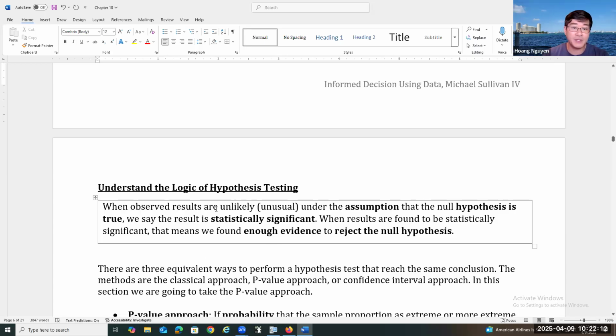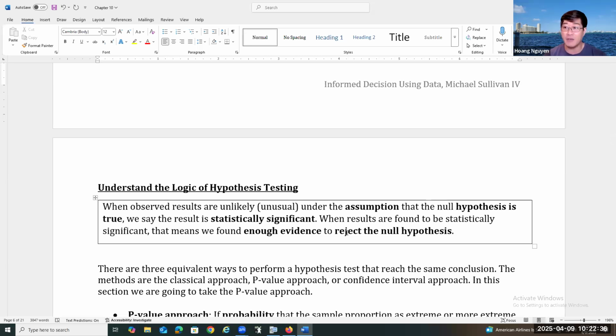When the observed results are unlikely or unusual under the assumption that the null hypothesis is true, we say that the results are statistically significant. When the results are found to be statistically significant, that means we found enough evidence to reject the null hypothesis. That's the logic of hypothesis testing.